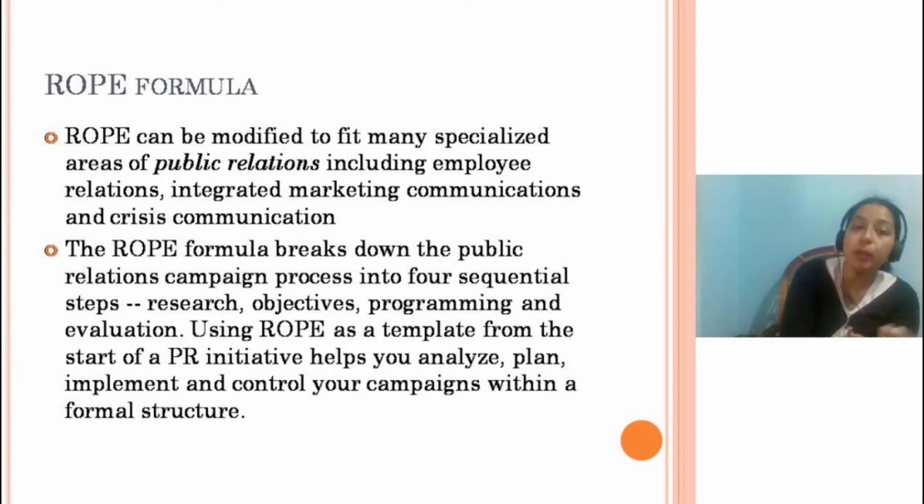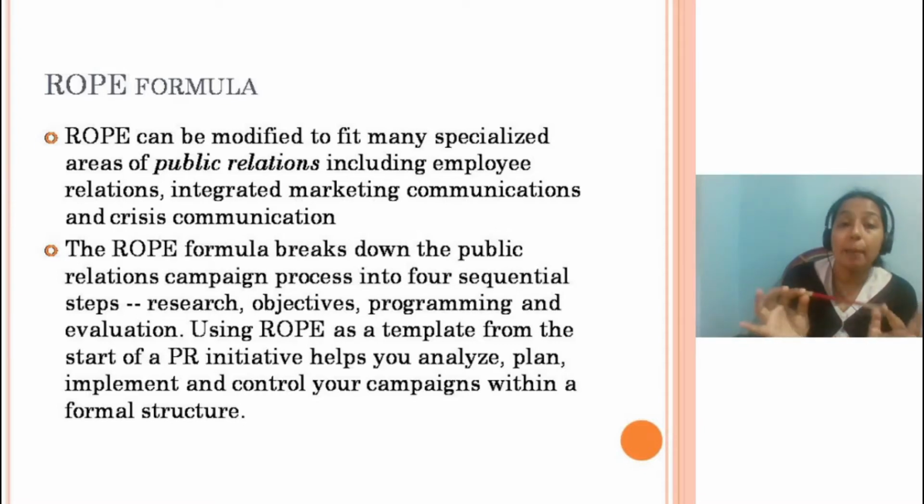The ROPE formula breaks down the public relations campaign process into four sequential steps: research, objective, programming, and evaluation. So using ROPE as a template from the start of a PR initiative helps you to analyze, plan, implement, and control your campaigns within a formal structure. I told you this gives you a formal structure.